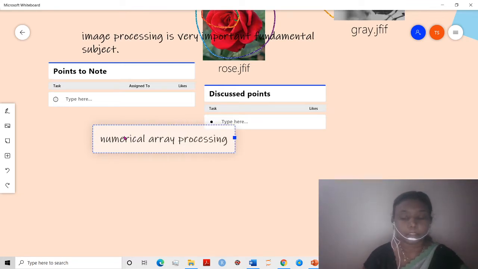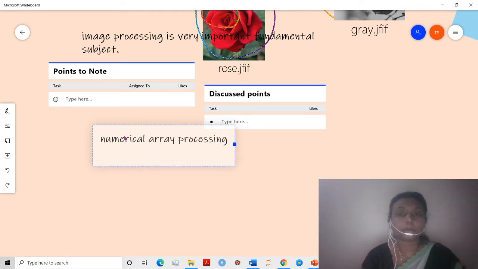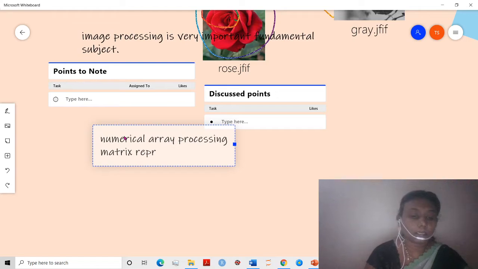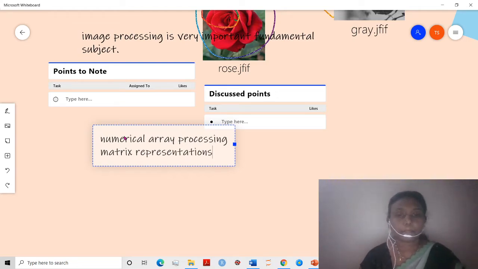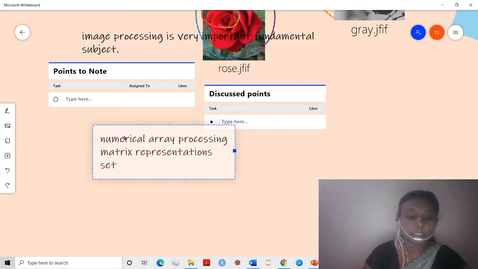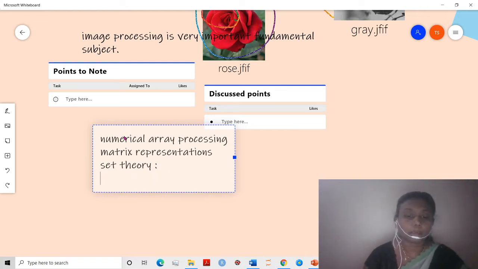We also need knowledge of matrix representations, and this is very important, set theory operations. What are set theory operations? Union.